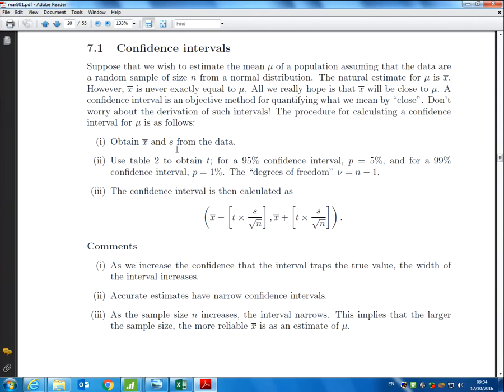So you need to work out the sample mean, you need to work out the standard deviation, and if you were doing this by hand, you won't do this by hand, you'll use Minitab, but if you were doing it by hand, you also need a coefficient. You also need a coefficient that comes from statistical tables. The coefficient relates to the level of confidence you're working to.